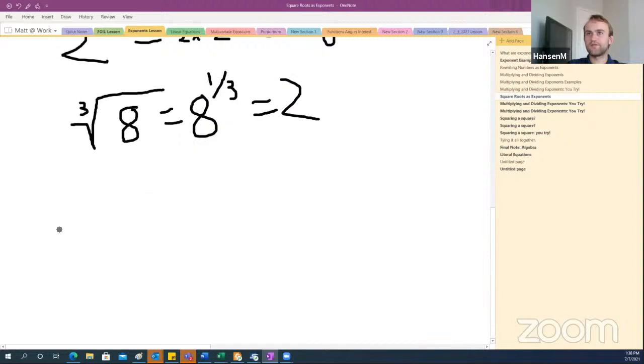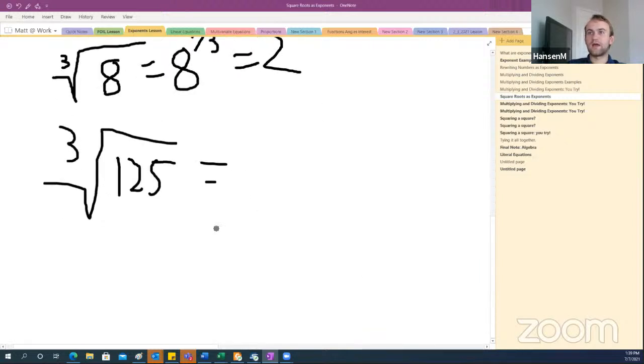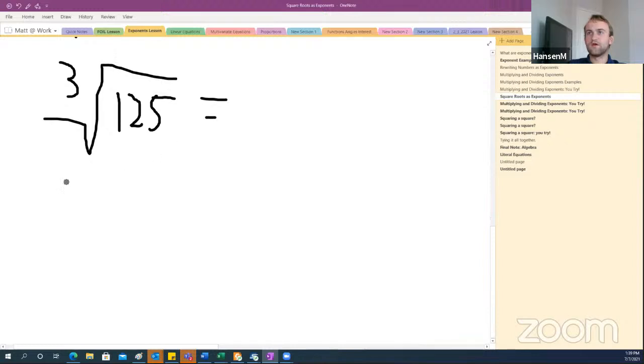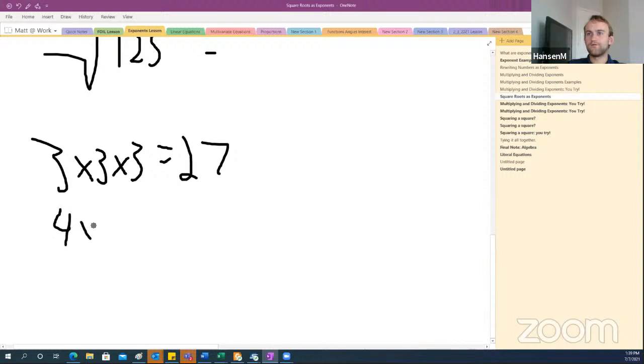As another example, let's ask, what's the cubed root of a larger number, let's say 125? What number times itself 3 times would be 125? We can work our way up. What is 3 times itself 3 times? 3 times 3 times 3 is 27. That's not big enough. So let's go up 1. 4 times 4 times 4 is 64.